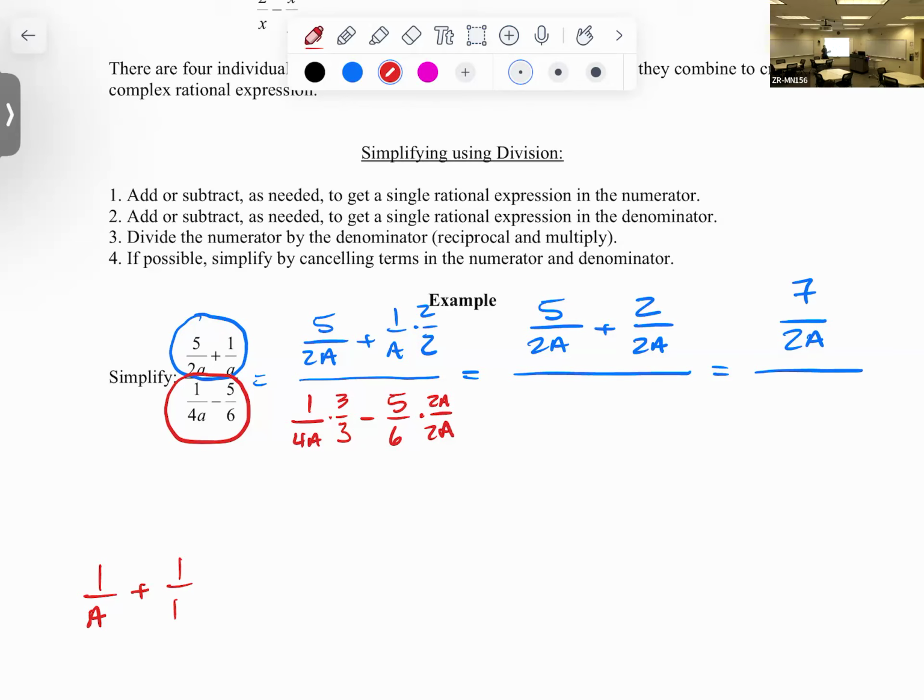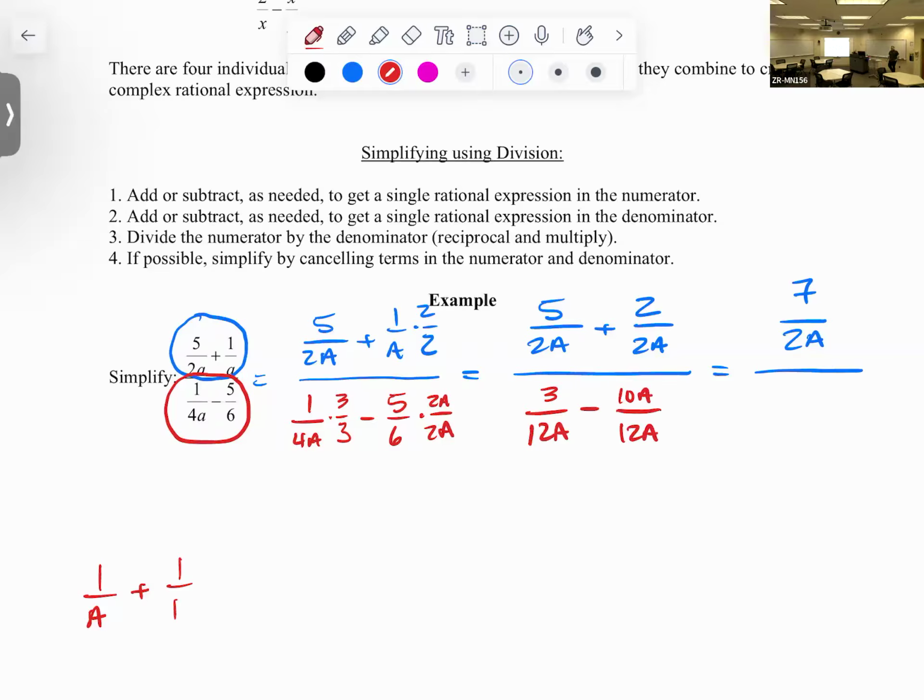The problem with that is when you have 4, 6, 12, 3, and a 2 in there, you have to multiply all those together to create it, right? So even though 12 would be the least common denominator. Okay, so that becomes 3 all over 12a minus 10a all over 12a.